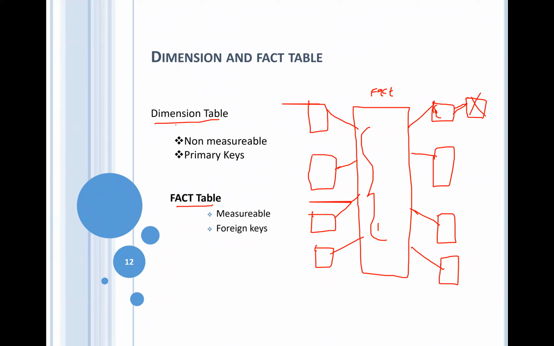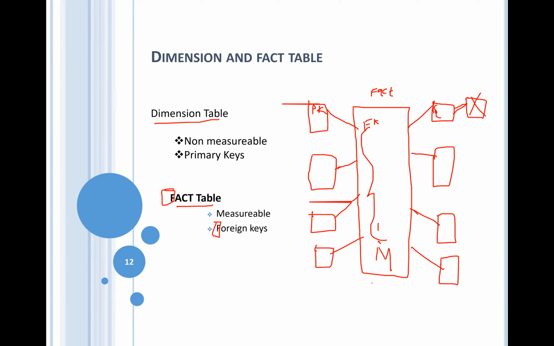I will tell you. See, always remember the fact table, right? The fact table will have foreign keys. You assume that the fact table will have foreign keys. So the dimension table will have a primary key, right? So these primary keys are kept in the fact table. So the fact table always has foreign keys and measures.